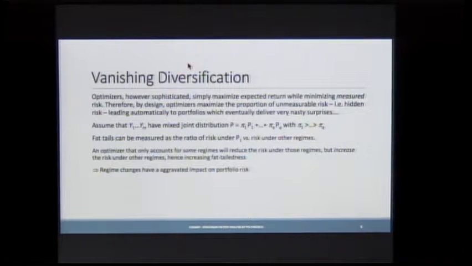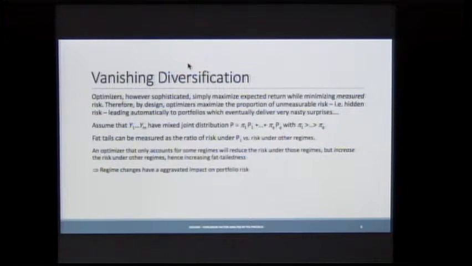So the pi are the probabilities, and those big P's are the different regimes. Now, an optimizer typically will take, sorting them from bigger probability to smaller probability, the biggest models, the first one or the first two or three models, and will try to optimize according to those models and ignore the small ones that are just out of the model.